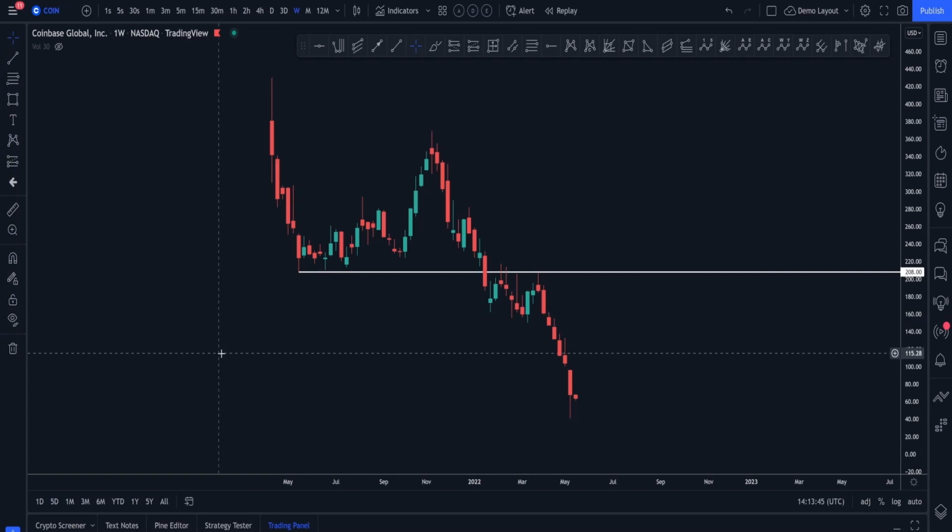Now let's have a look at a practical example of a support-resistance flip of a key area on a chart. In this case, we are looking at the Coinbase chart on the weekly time frame. Here we can observe that price finds support at this 208 level, and this holds for several months until it finally moves away to higher prices.